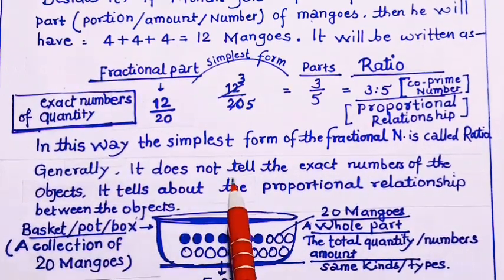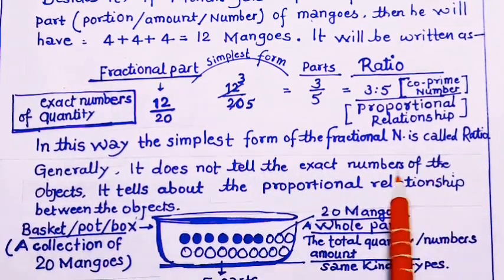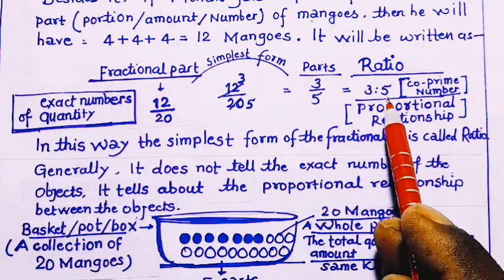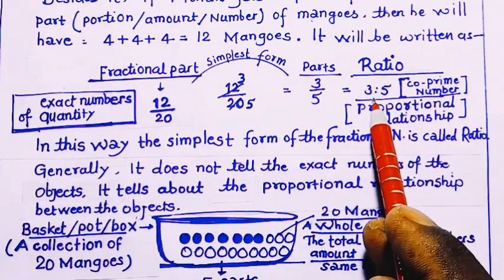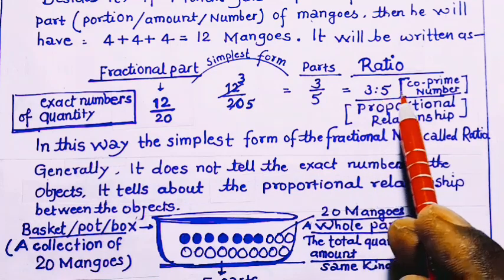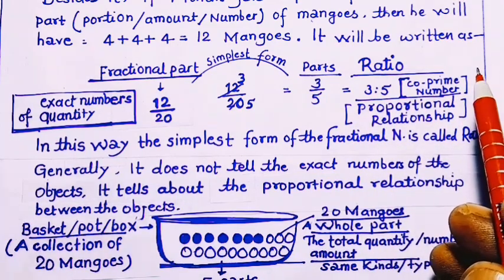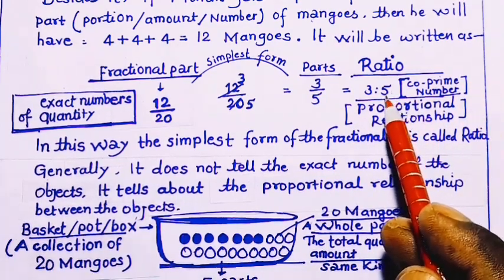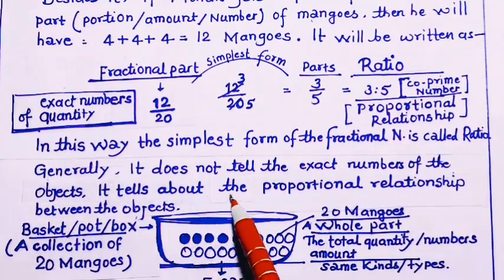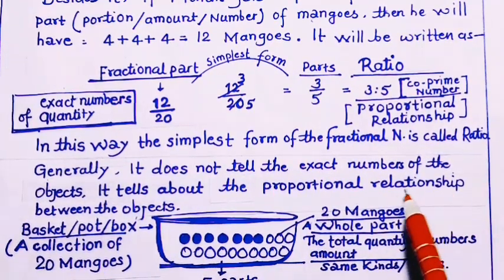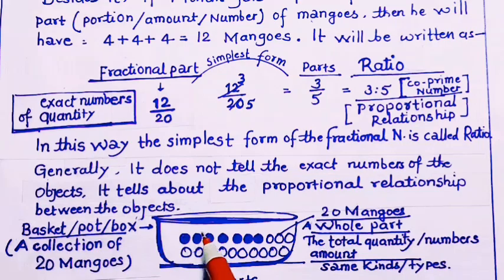Generally, it does not tell the exact number of the objects. It tells about the proportional relationship between the objects.